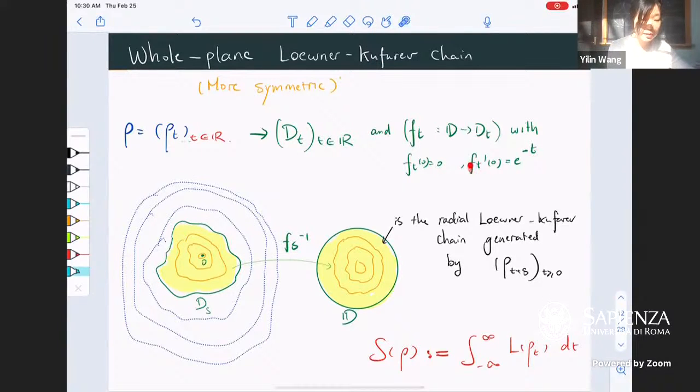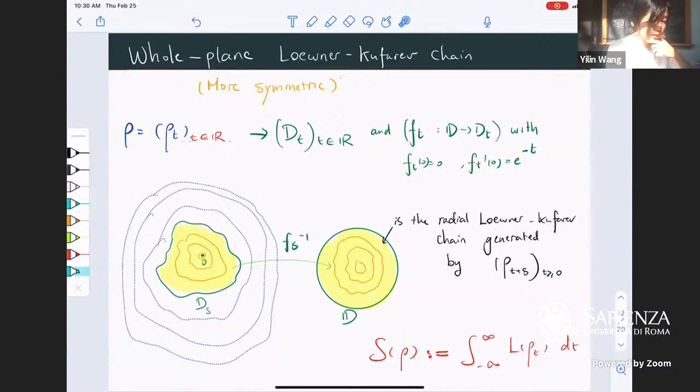So when t is negative, this conformal radius is larger than 1. And the picture you obtain is actually a shrinking domain which comes from infinity and shrinks towards 0. And the circle is not anymore a special place.